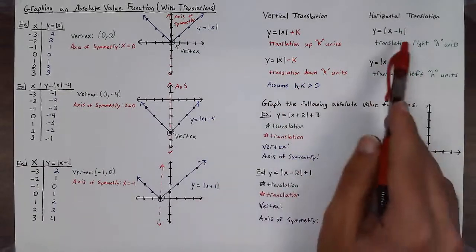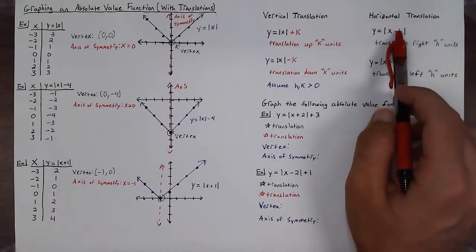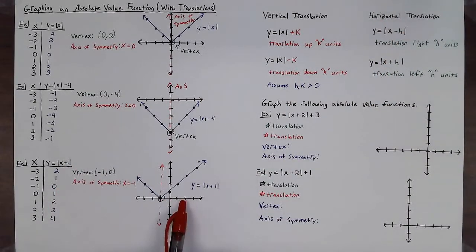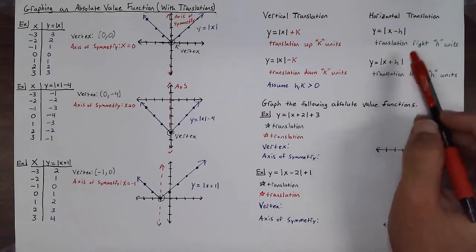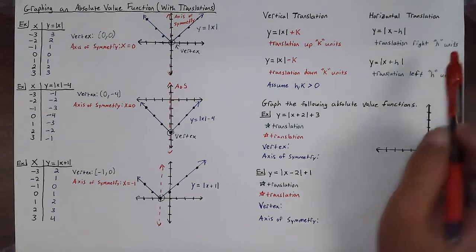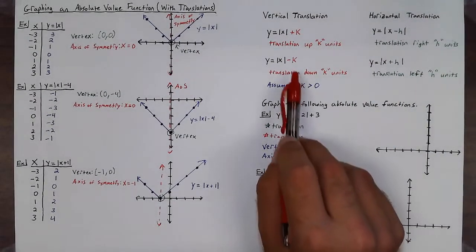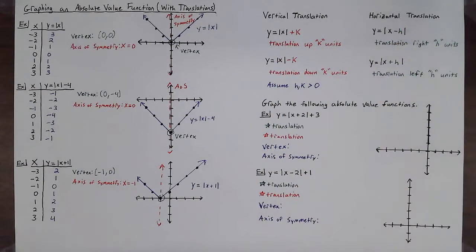Now on the inside, for a horizontal translation, you'd think by adding you would go to the right, but in reality, you're actually shifting left when you add a number. Whenever you subtract a number on the inside, it goes to the right. Now we're going to keep h and k positive, just so you can see the plus and negative on those functions.